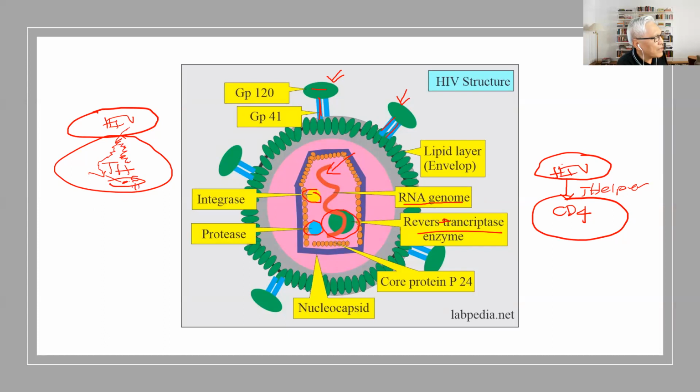So HIV is manufactured, more HIV is manufactured, and so on. And pretty soon, when this cell is now full of HIV, it is going to exit this cell through the enzyme called protease.